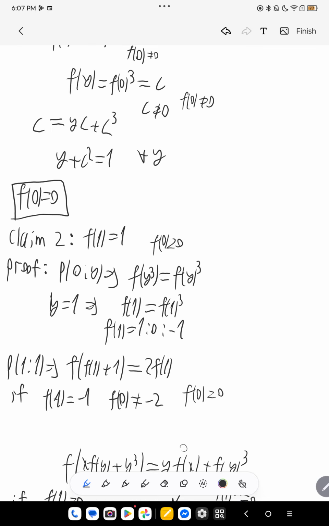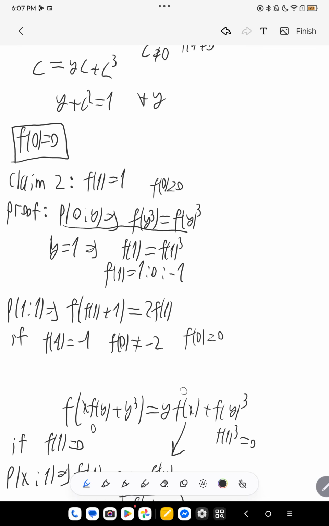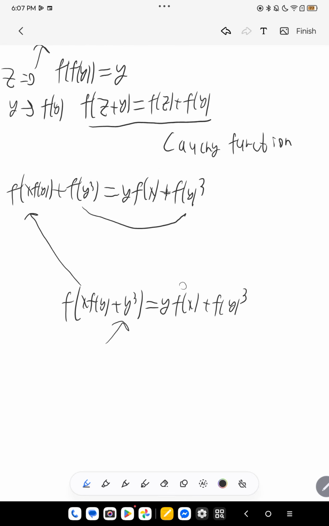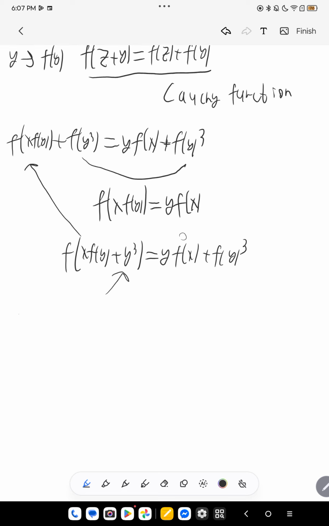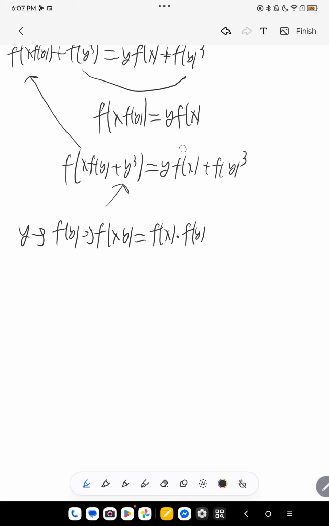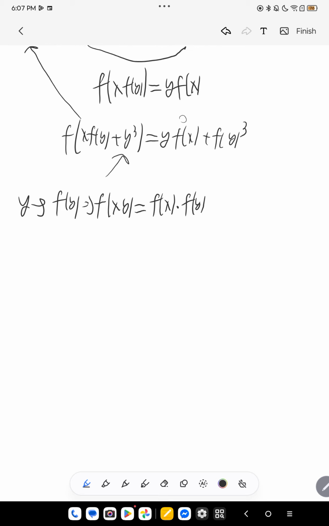So we have f(x)f(y) equals y times f(x). So let's replace y with f(y), and we get f(xy) equals f(x) times f(y). So f is multiplicative.